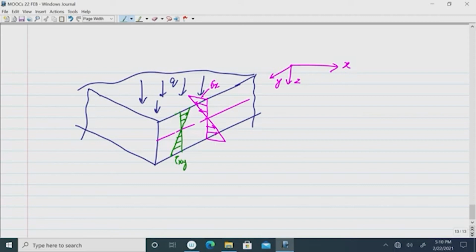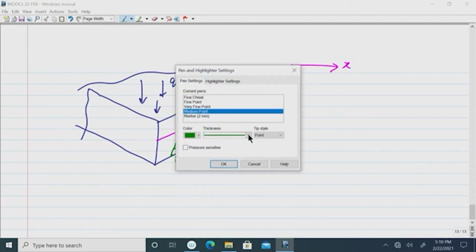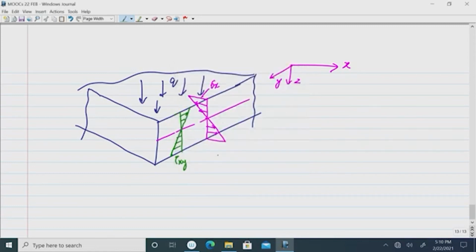On the other side also you can plot like that, there is no difficulty. On the other side you can show the variation along the middle plane.